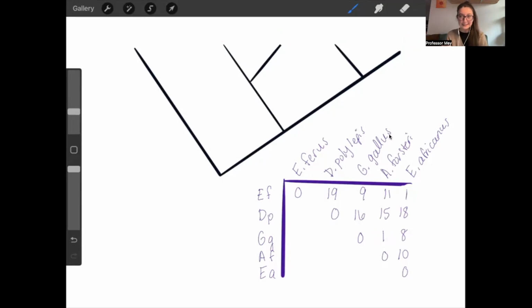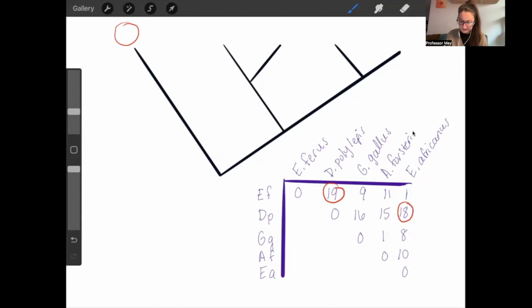Now, which one has the most differences? Think about it as the one species that would be right here. Which species has the most differences among all other taxa? Pay attention to the highest numbers here. We have D. polylepis with E. ferris with 19. We have D. polylepis with E. africanus with 18.